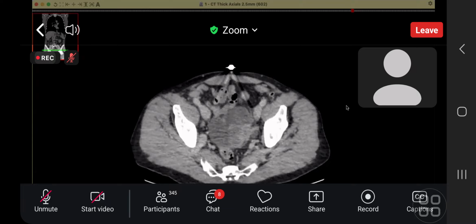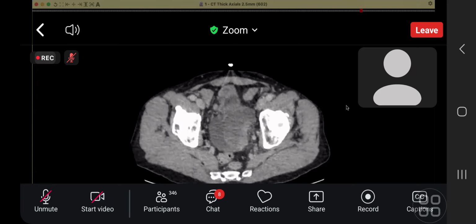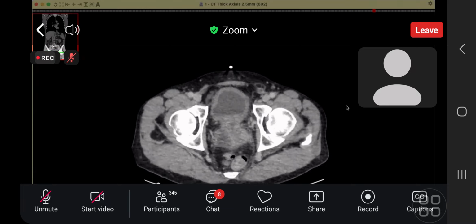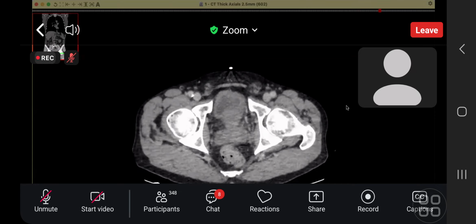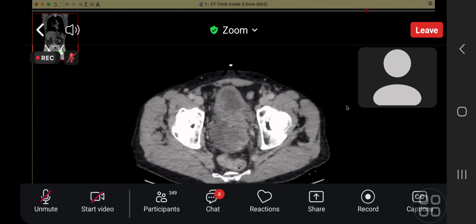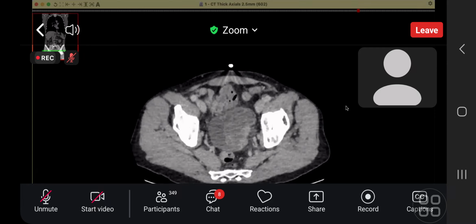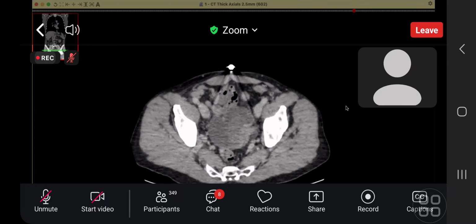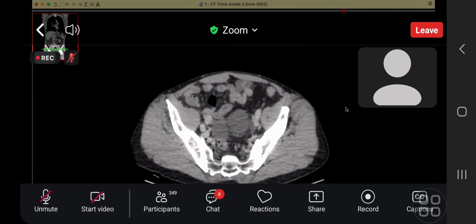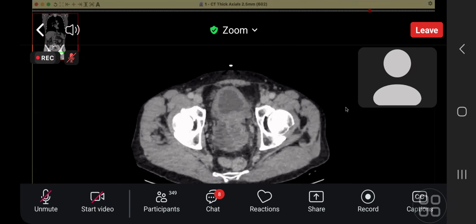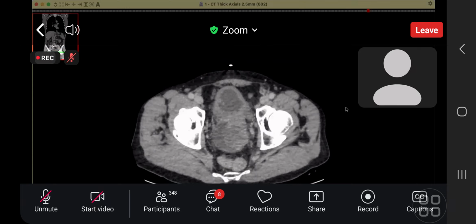I will check if there is any significant perirregional lymph node enlargement, which I cannot see, and I cannot see any free fluid. This mass lesion is causing a compression effect on the left ureter.